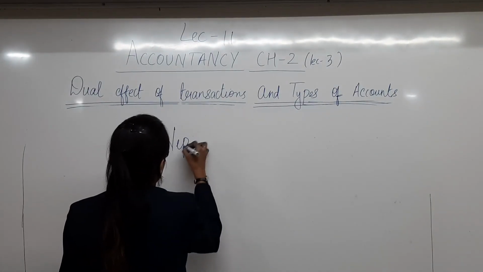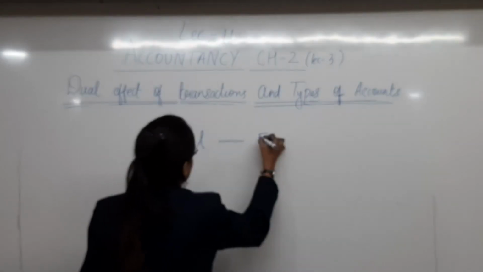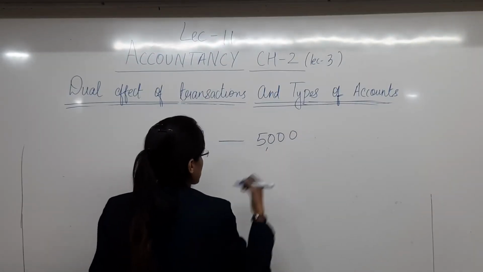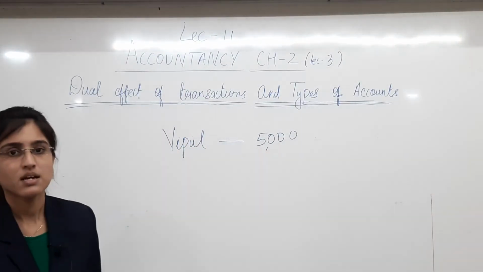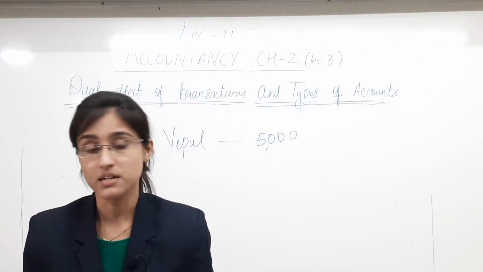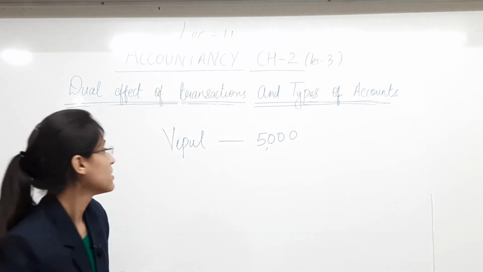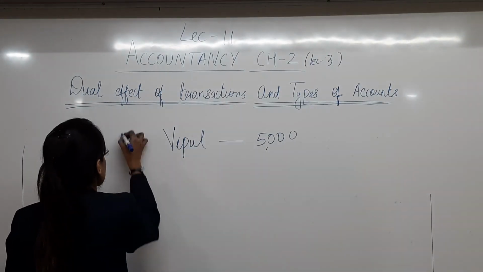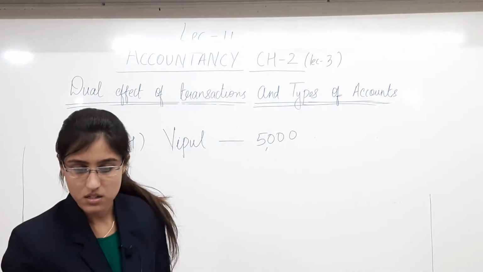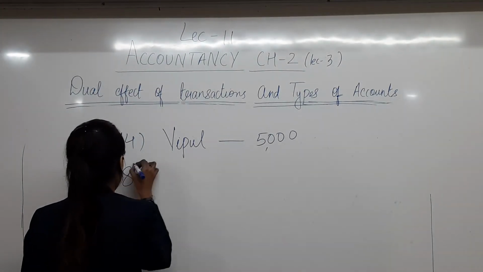Vipul is a person to whom I have sold goods worth rupees 5,000 on credit. Yes, the fourth transaction is a credit transaction. It is 5,000. Now, this is the fourth transaction and here is the eighth transaction.